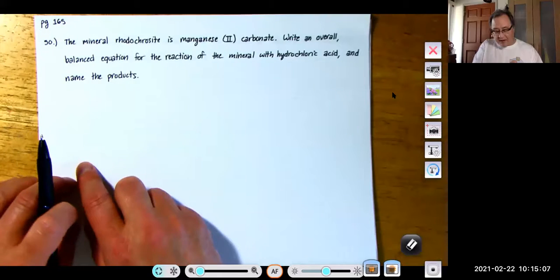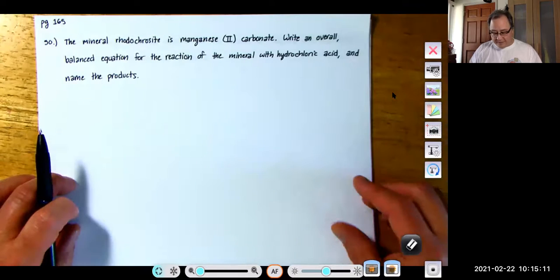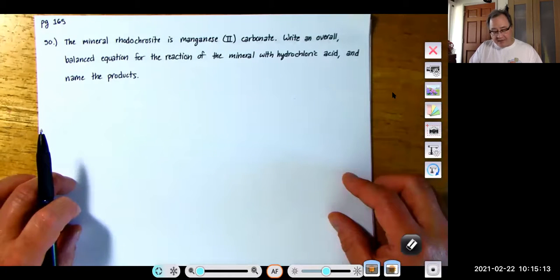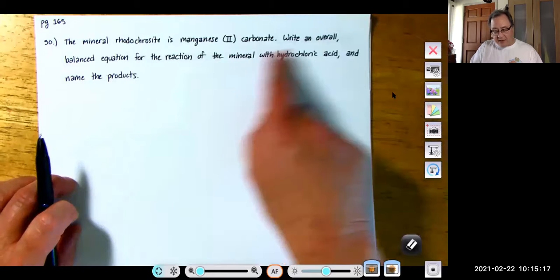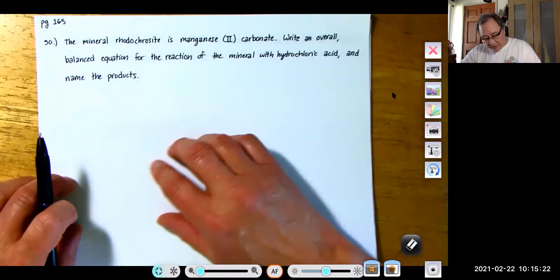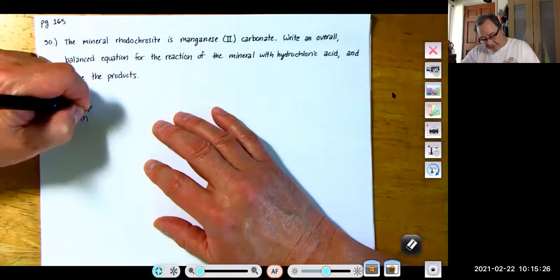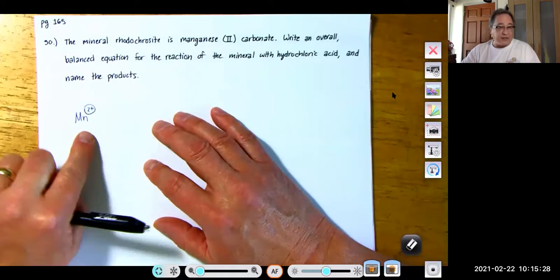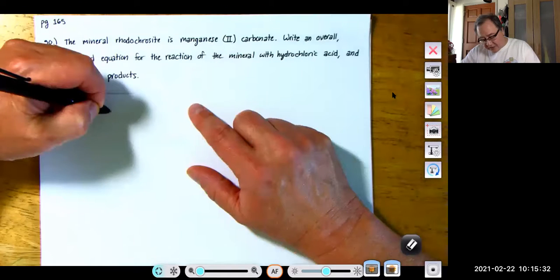Okay, so we have the mineral rhodochrosite, which is manganese(II) carbonate. Write an overall balanced reaction for the reaction of the mineral with hydrochloric acid and name the products. So we have to know that manganese is Mn2+, and I know it's 2+ because it says so right here. The carbonate we know is CO3 2-.